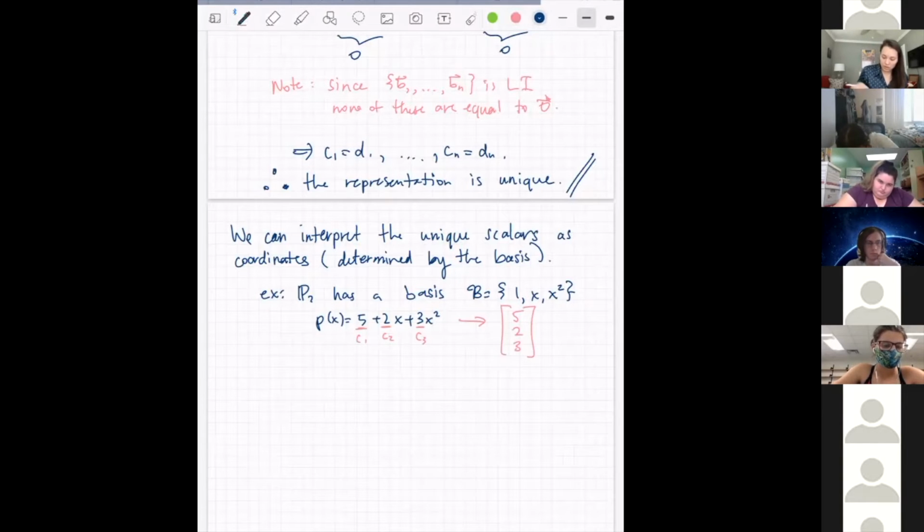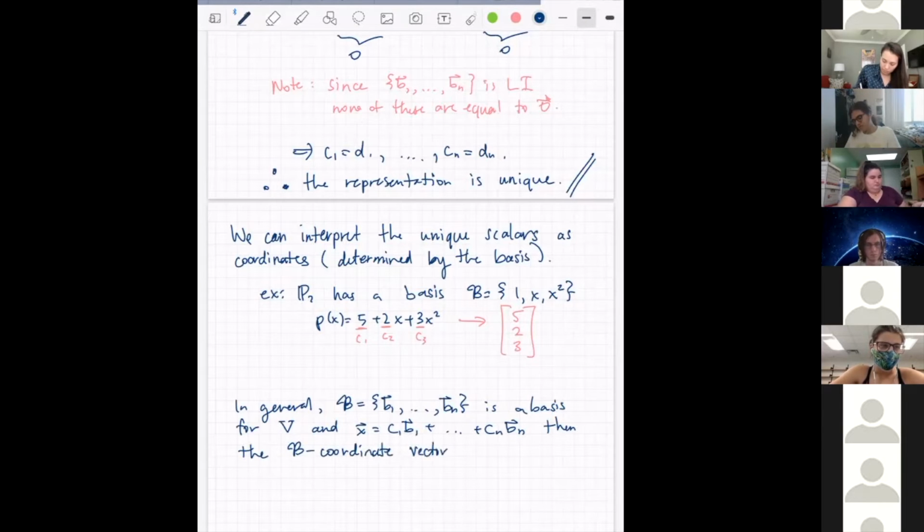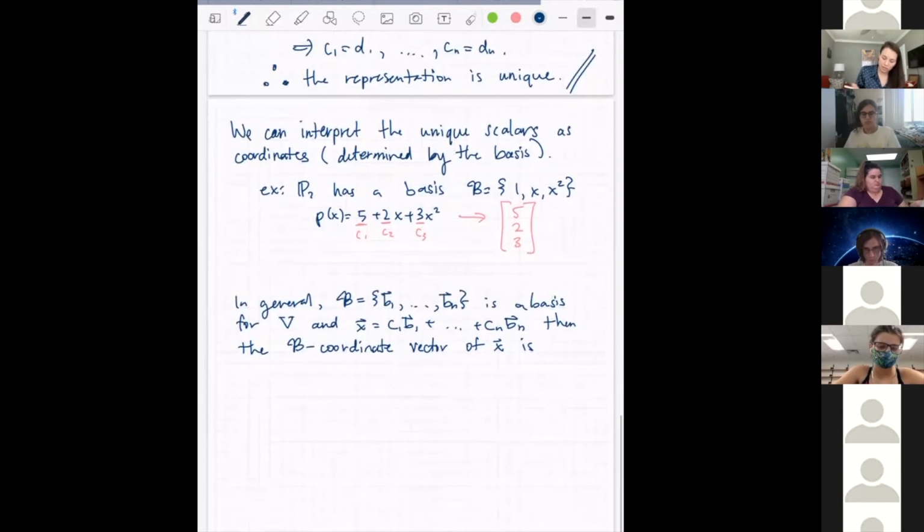Okay. And so more generally, if you have a basis, if this is a basis for V and x has its unique representation like this, then the B coordinate vector of x is going to be, using that same notation we were using before, the bracket with a subscript B. This is just the vector of those scalars.